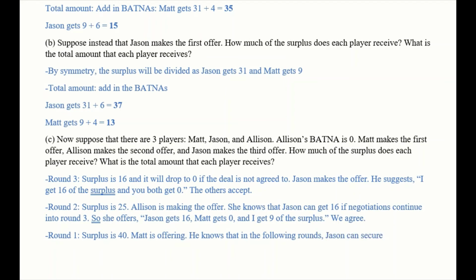So Jason can get 16 for himself if he says no. And Allison gets 9 by saying no. So to make sure they say yes, I give them that offer right now and keep the remainder for myself. So 16 and 9 is 25. Surplus is 40. 40 minus 25 is 15.